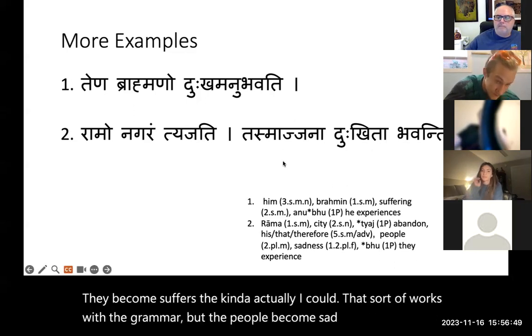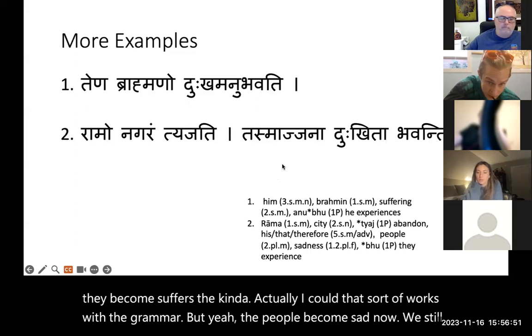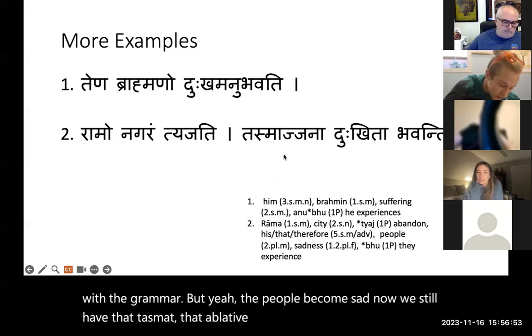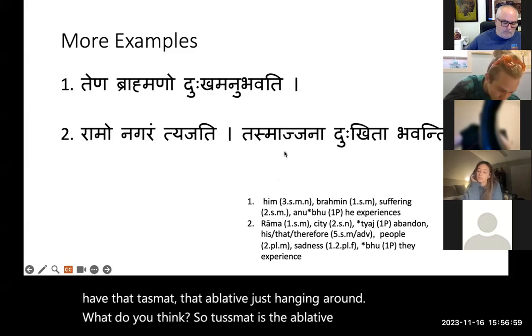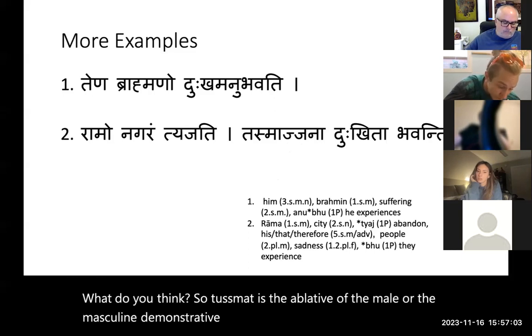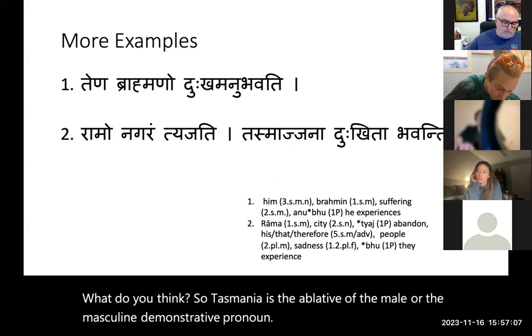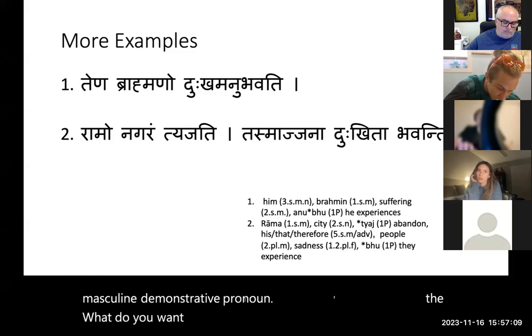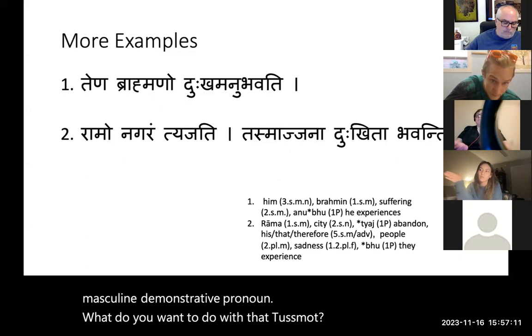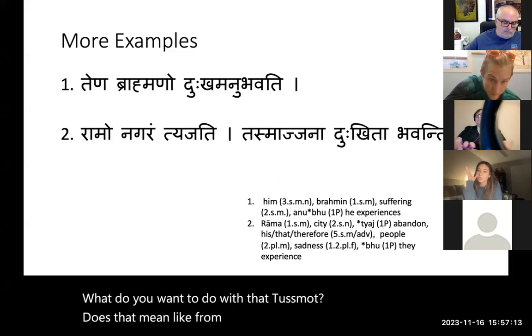Now, we still have that tasmat, that ablative, just hanging around. What do you think? So tasmat is the ablative of the masculine demonstrative pronoun. What do you want to do with that, tasmat? Does it mean like from that, or like from him? 100% means from that.